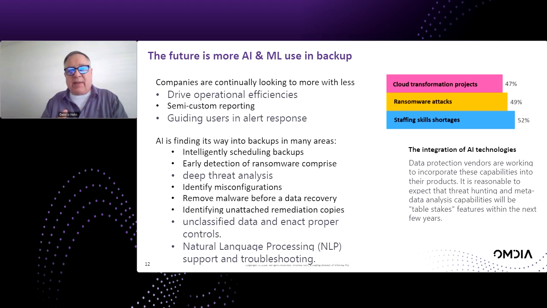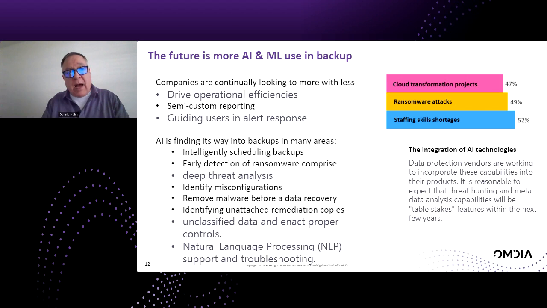They're trying to invest in their applications and in furthering their business and in digital transformation. They don't see backup as so. This staffing skills shortage is really important to try to attack. There are a lot of things that can be done within backups to drive operational efficiency.